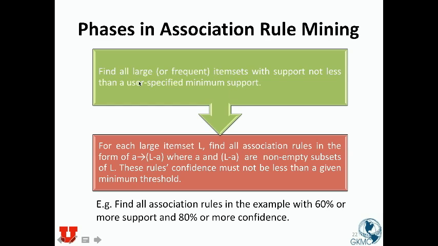There are essentially two phases. The first phase is to identify all of the item sets that have support value not less than the specified minimum support threshold.